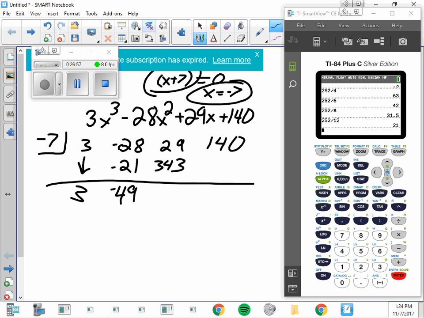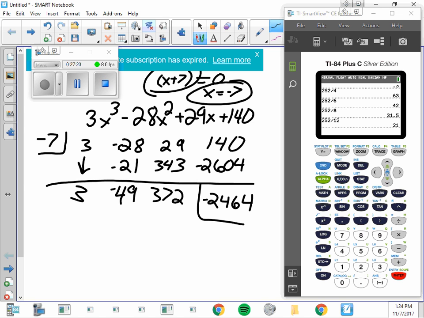Add those together. 372. Now I multiply those and I get negative 2,604. Wow. So that's going to be negative 2,464. Did that work? No, not even close.